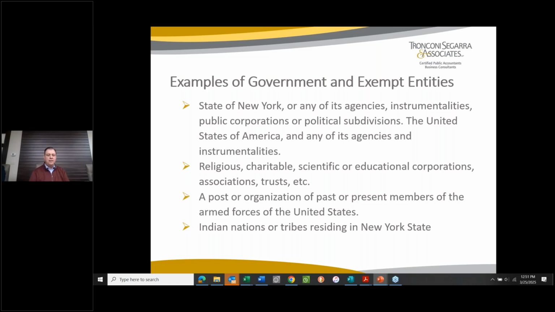Posts or organizations of former members of the armed forces, and then any types of Indian nations or tribes residing in New York State, as long as the work being done is located on a qualified reservation. So that would be your typical types of exempt entities.